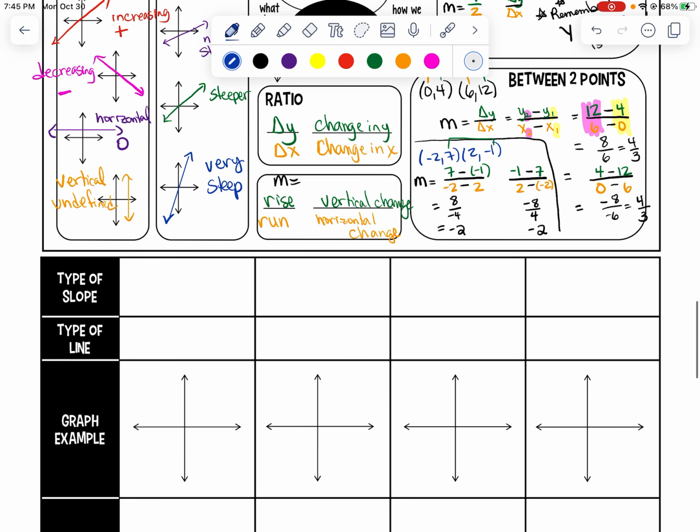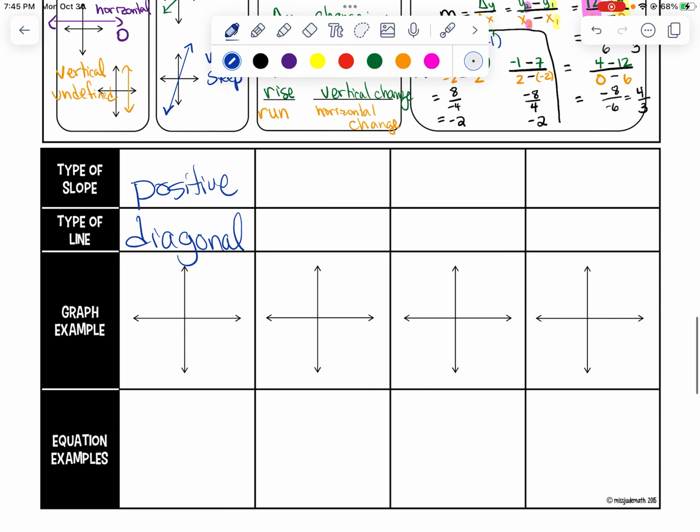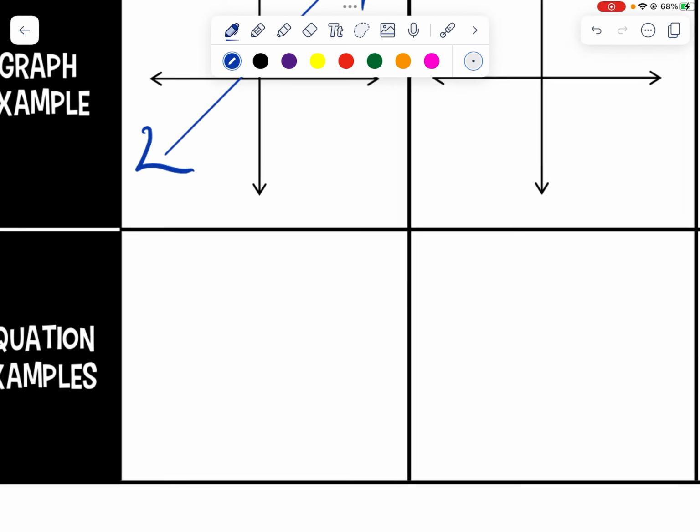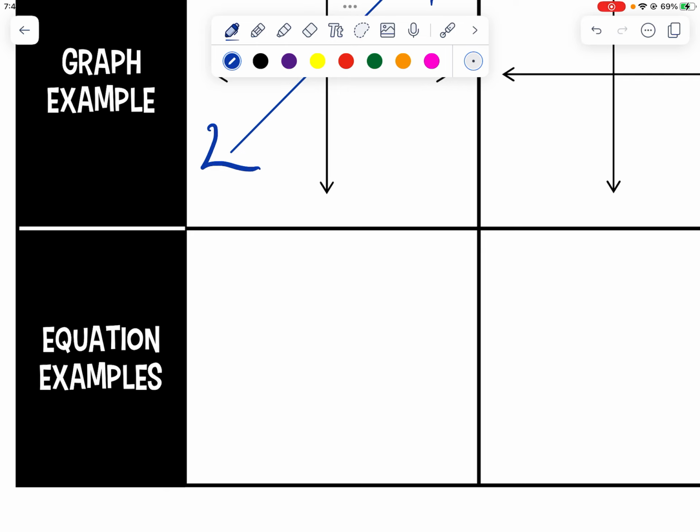Then if I come down here, the types of slope. Positive slope. If I have a positive slope, we are going to have a diagonal line. It is going to be going this direction. Equation examples. It will have both x and y in the equation.